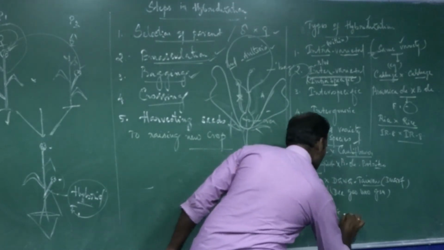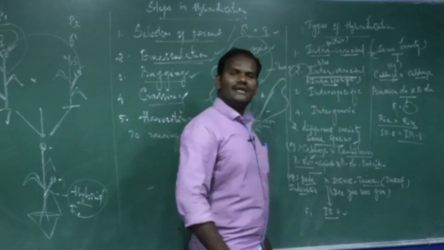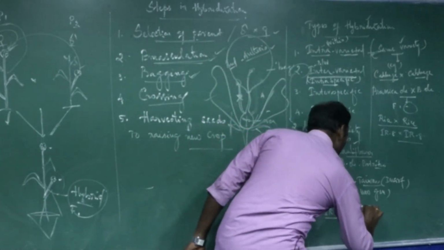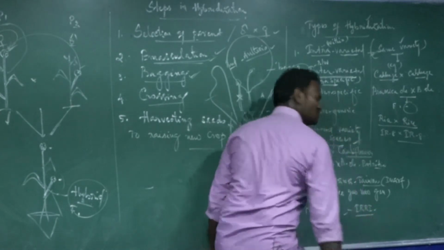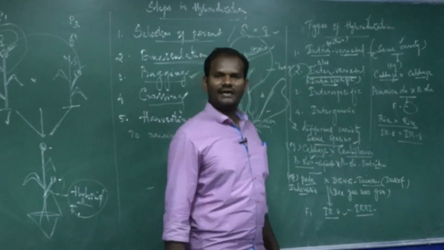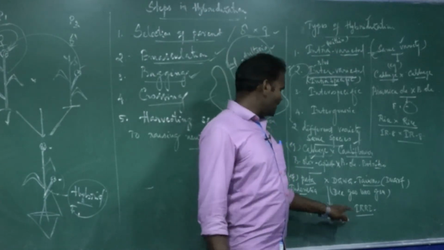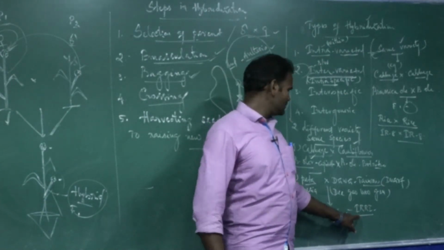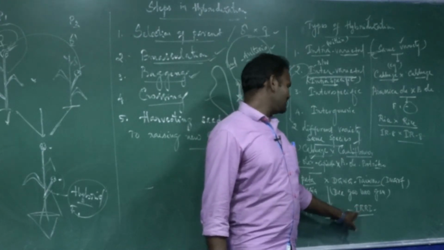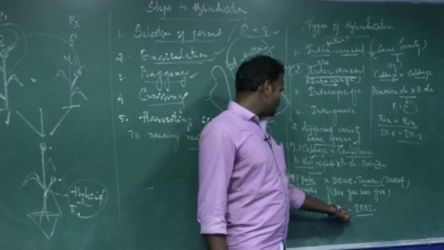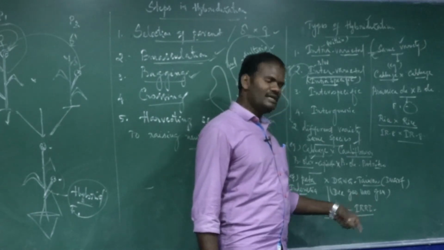By crossing these two varieties, the first filial generation, F1, is called IR8. It was developed by the International Rice Research Institute in the Philippines in 1960, and introduced into India.